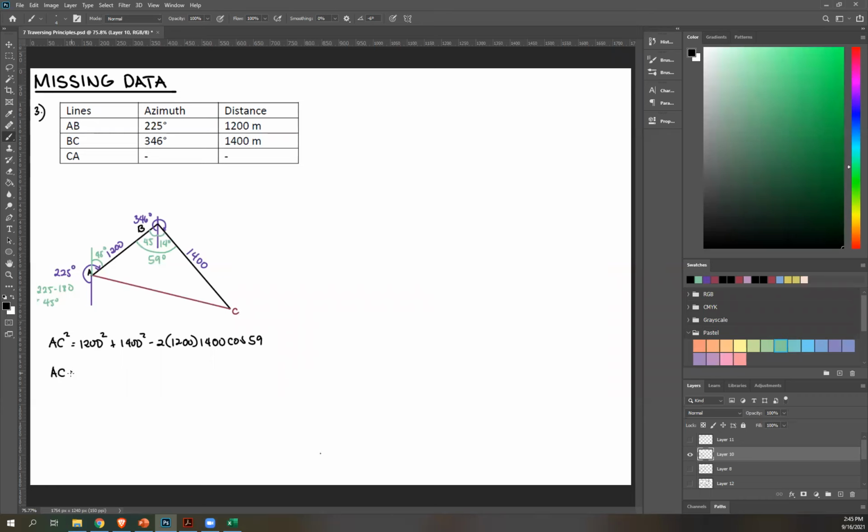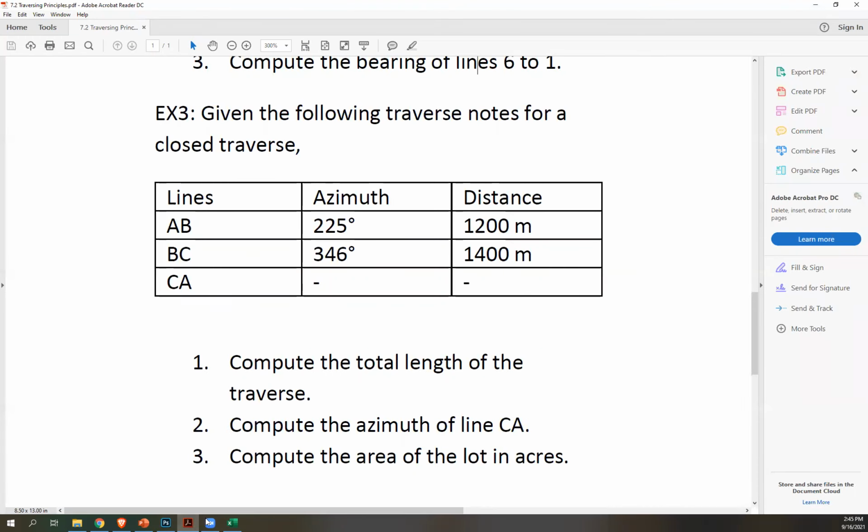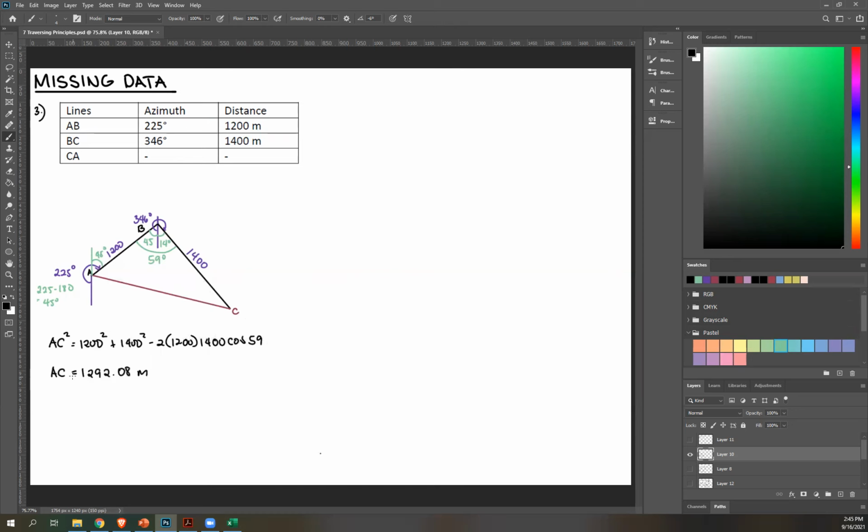So AC is 1292.08 meters. So this is 1292.08. Therefore, total length.